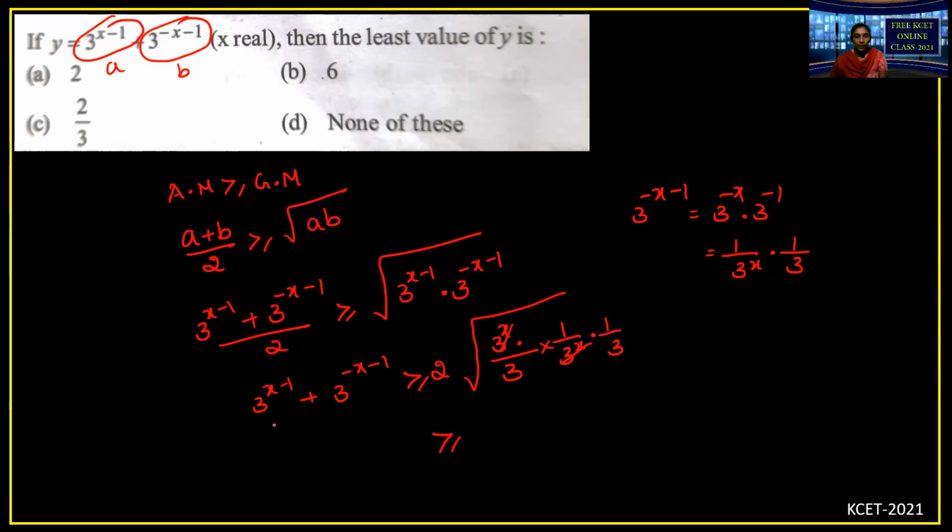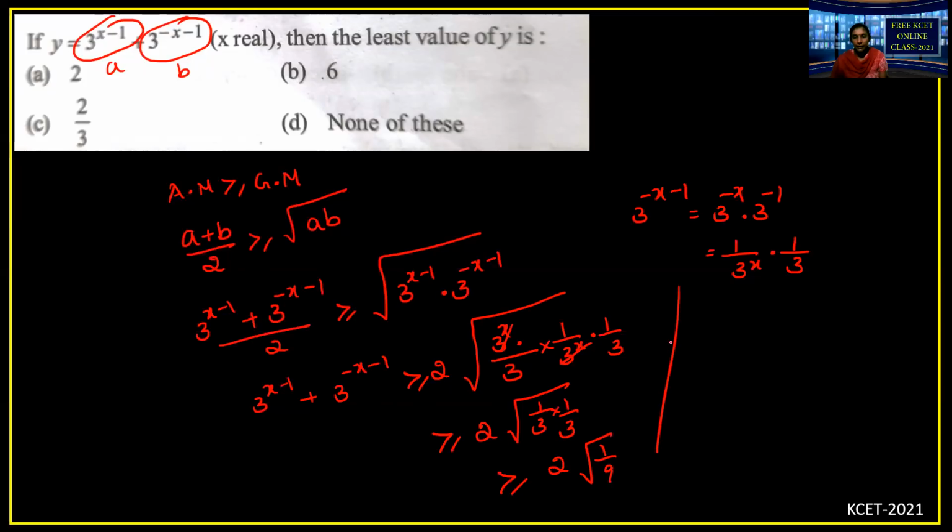So 3 power x minus 1 plus 3 power minus x minus 1 is greater than or is equal to twice square root of 1 by 3 into 1 by 3. So this is greater than or is equal to twice square root of 1 by 9.